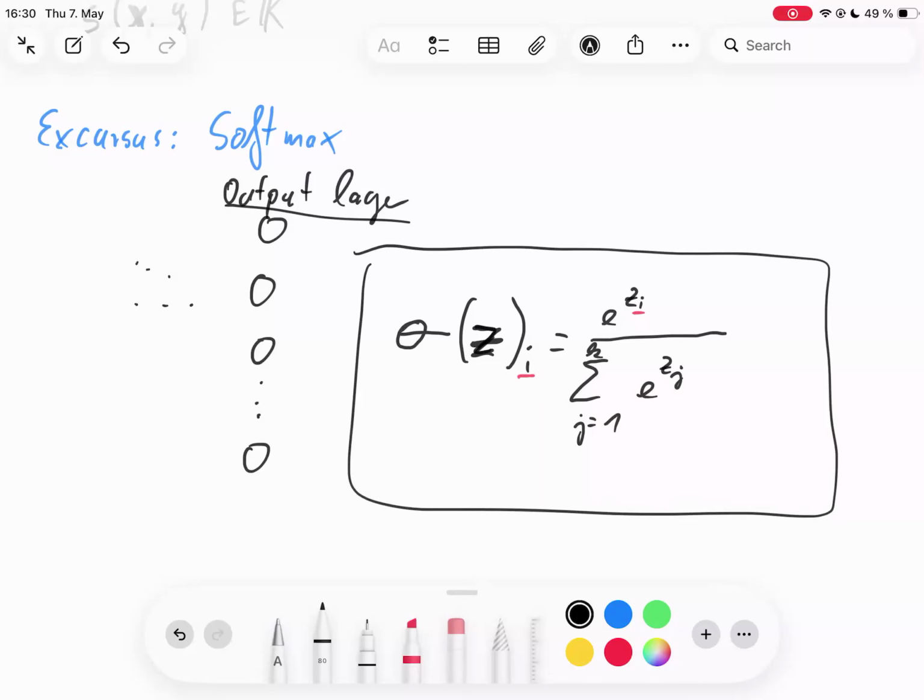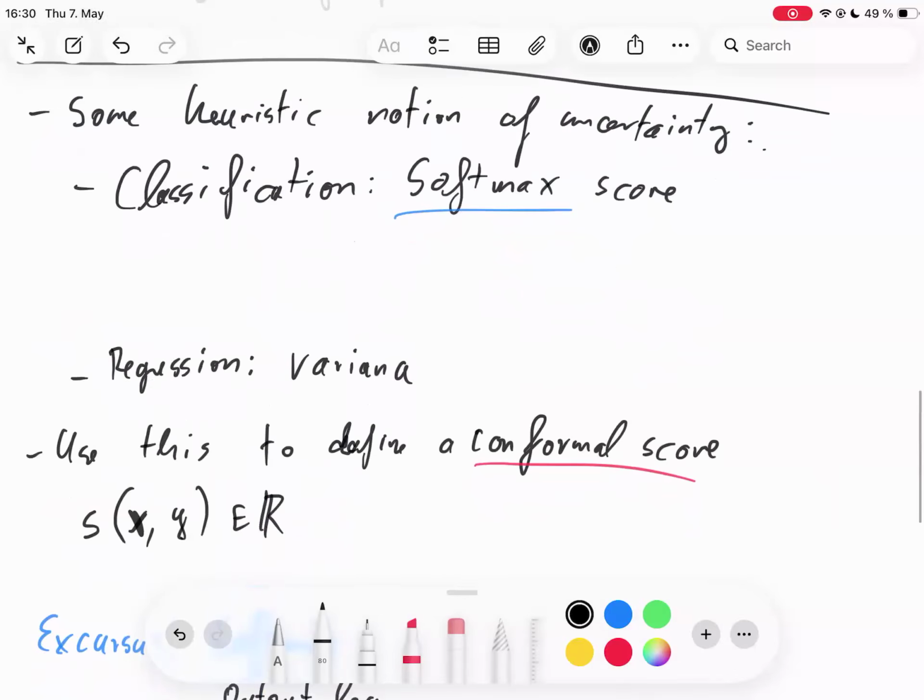And you could use this for a neural network, for the output layer, plus probably many other applications in signal processing and machine learning. So we could use the softmax function for classification as our notion of uncertainty. In regression, we could use variance, and we could use this in some way, as you will see later, to define our conformal score.